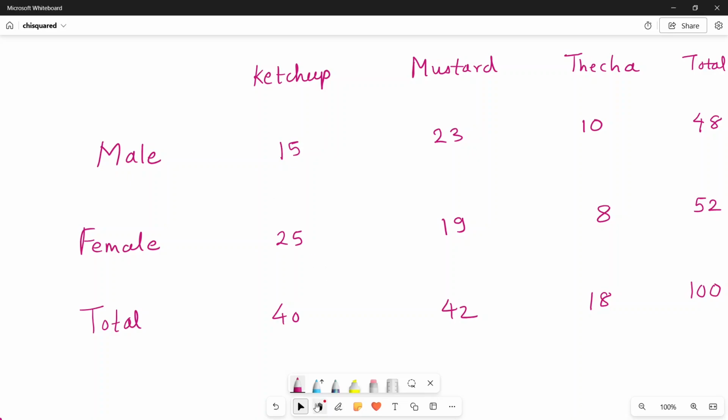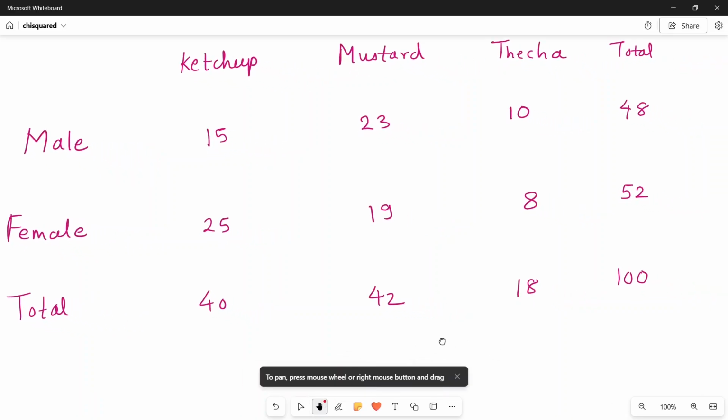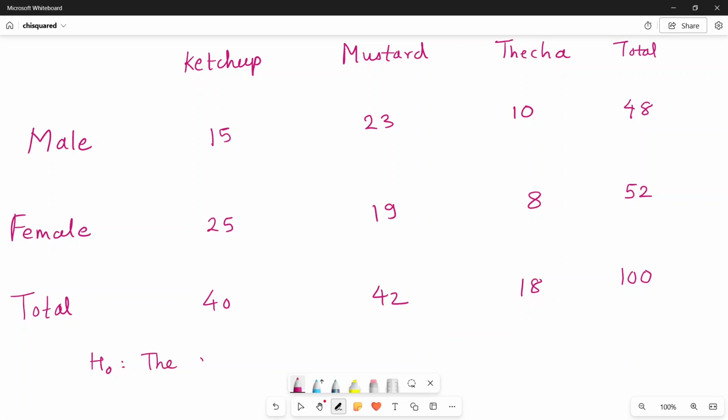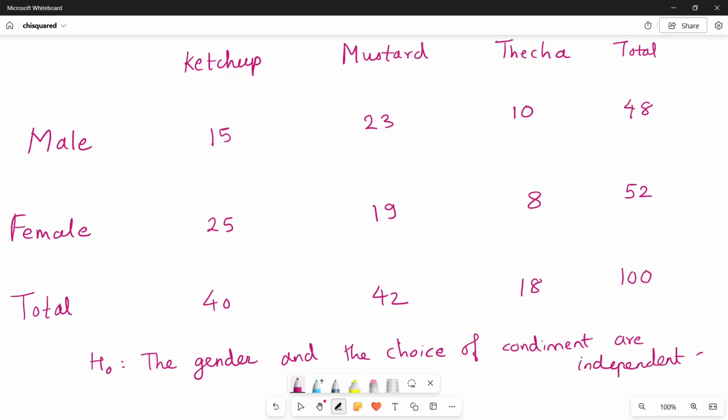So our null hypothesis, H naught, in this case is that the gender and the choice of condiment are independent of each other.